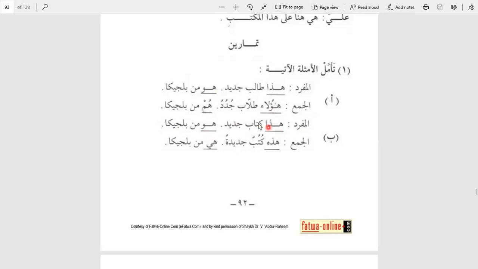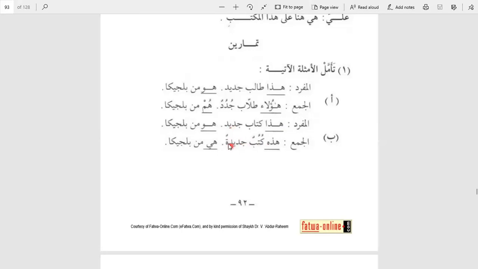Look at the demonstrative pronoun used, hadha. And why? Because kitabun jadid is in singular form. Although this is non-human, they use the same hadha and huwa for both human and non-human. But let's look at when it is plural. الجمع: هذه كتب جديدة. Look at the changes. كتب, which is the plural of كتاب, and جديدة is now feminine.